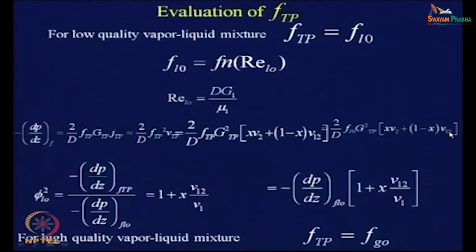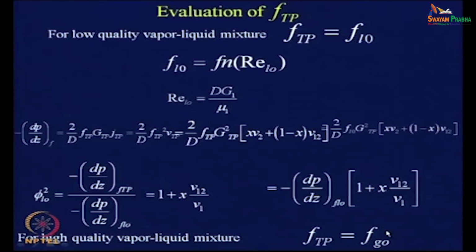Okay. Now, this is one particular thing that we can do. If we have a very high quality vapor liquid mixture, for that situation we can write FTP equals F gas only, agreed. So, for high quality and low quality, these can be two circumstances. For most of the cases, it is neither a very high quality mixture nor a very low quality mixture; both of them can be in comparable amounts.